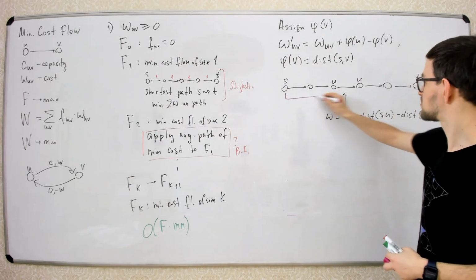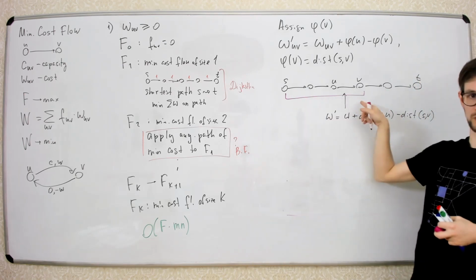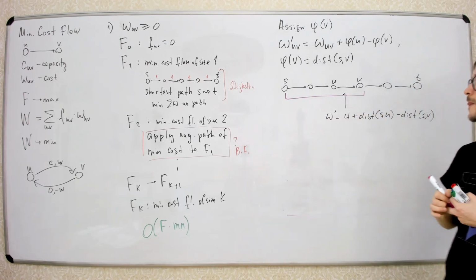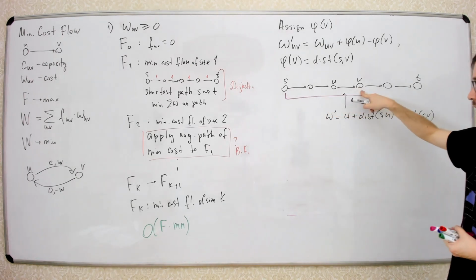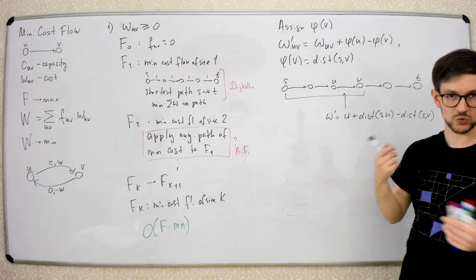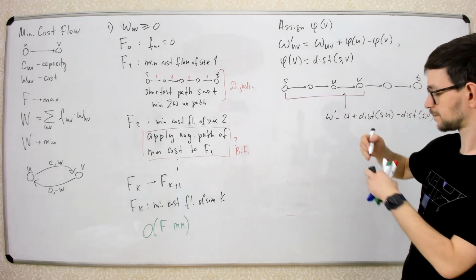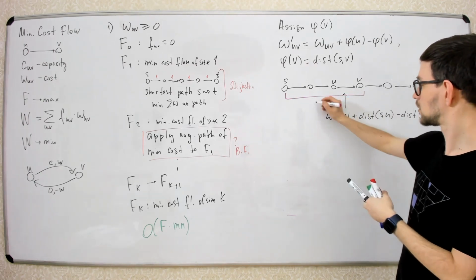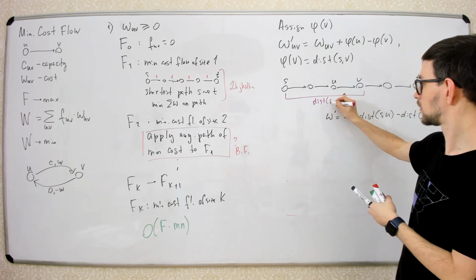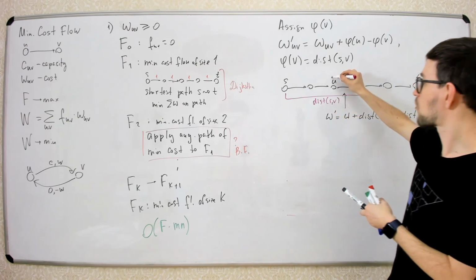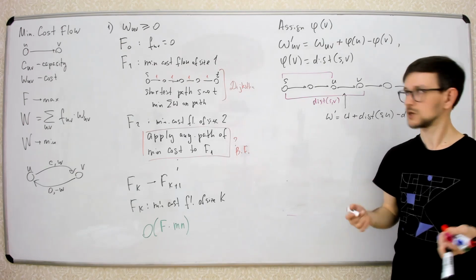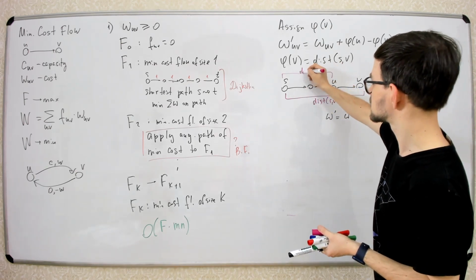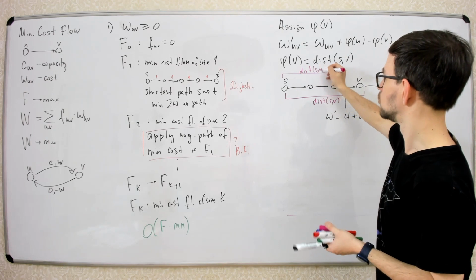So this part is the shortest path from S to V. Now, the length of this path is the distance from S to V. Now, the length of this part is also a shortest path, right? So the length of this part is distance from S to U.